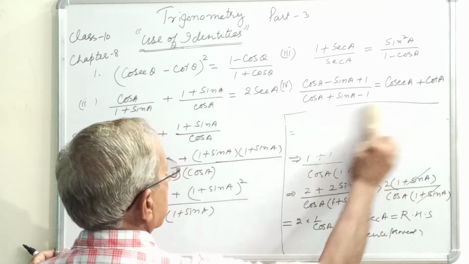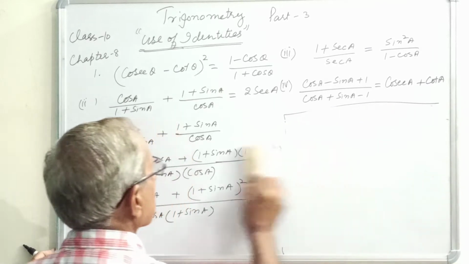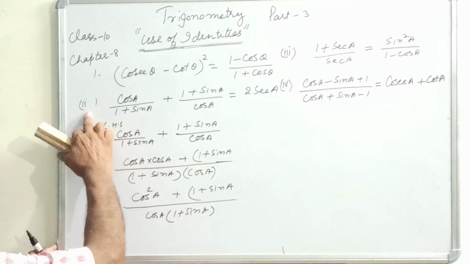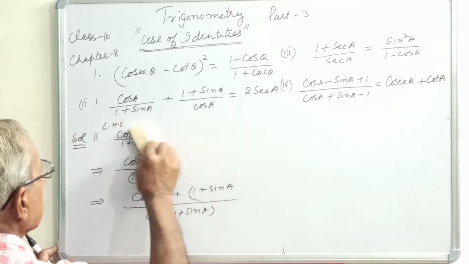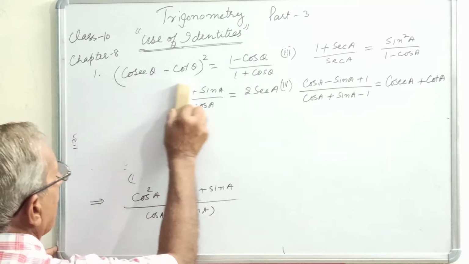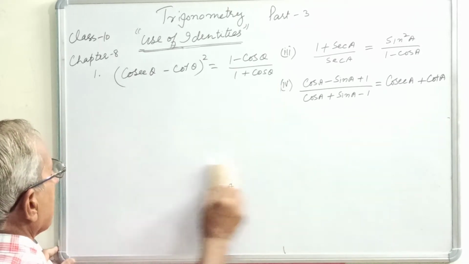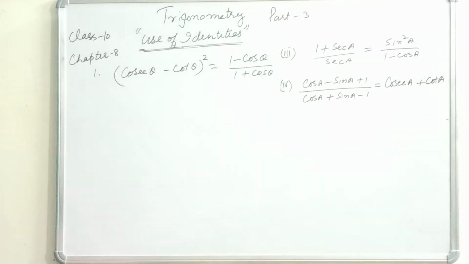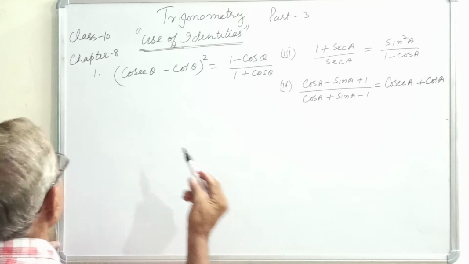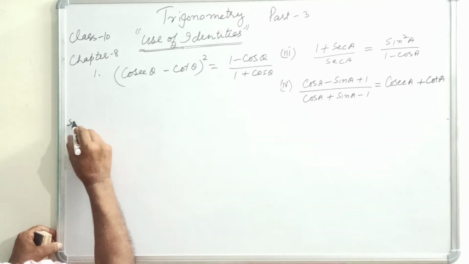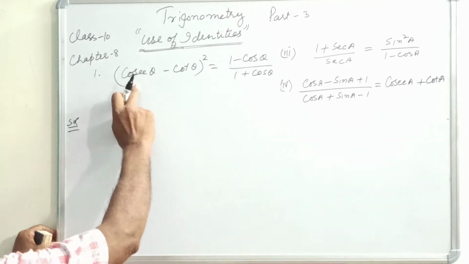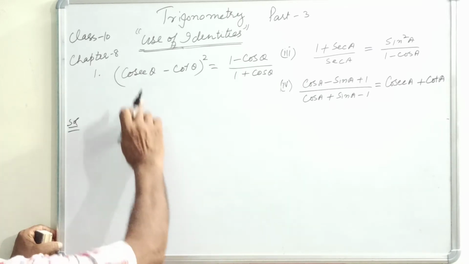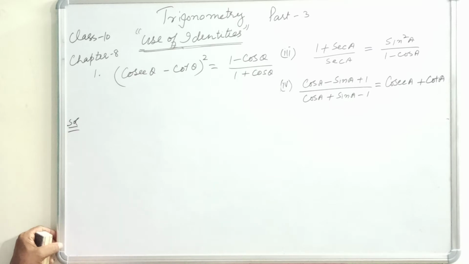Now taking the first part. I have first taken the second part. Now I am taking the first part. Just to make a space for solution. So first part is cosecant theta minus cotangent theta whole square.